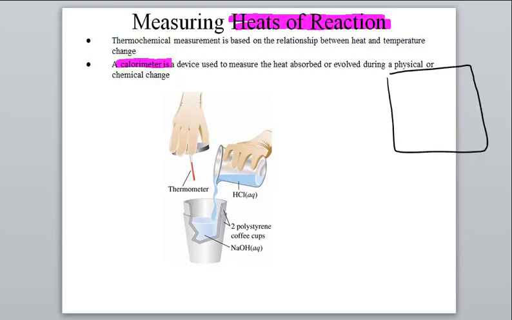If this box represents our experiment, and within that experiment you have your chemical reaction, you have your system. Surrounding that system, you want to have material that collects all the energy that may flow from the system, or all the energy that goes into the system comes from that surrounding material.